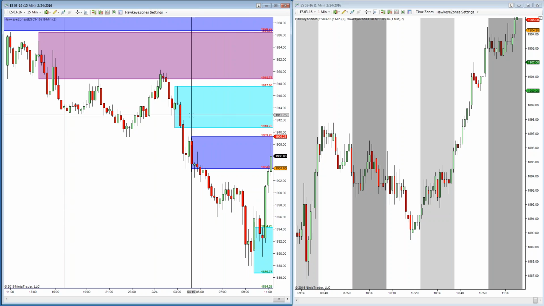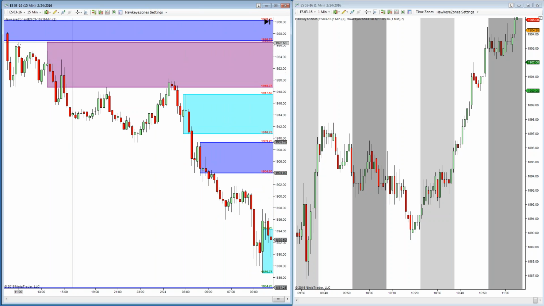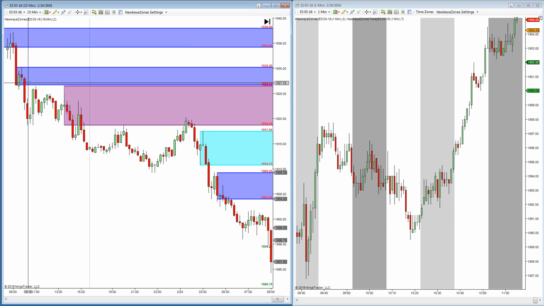Now, the zones are going to draw based upon the consolidation of price action, all right? That's what they do, all right? Whenever we see price action consolidating, like over here, and we kind of can see like a level below a level, this is really strong resistance, okay, or really strong supply, all right?